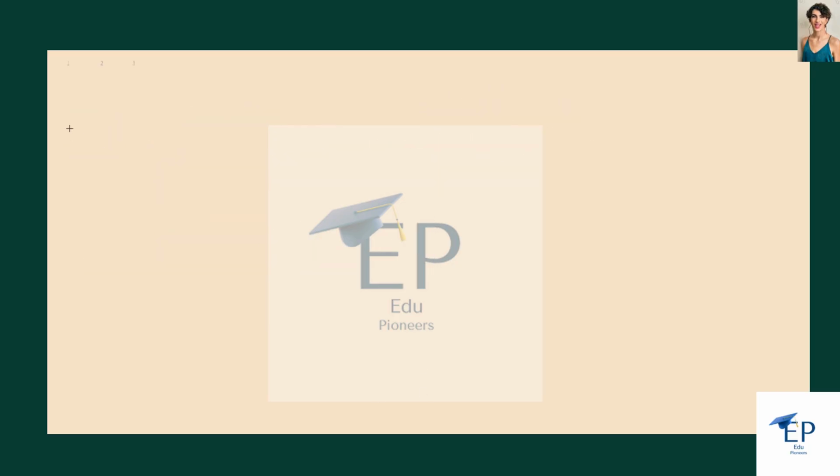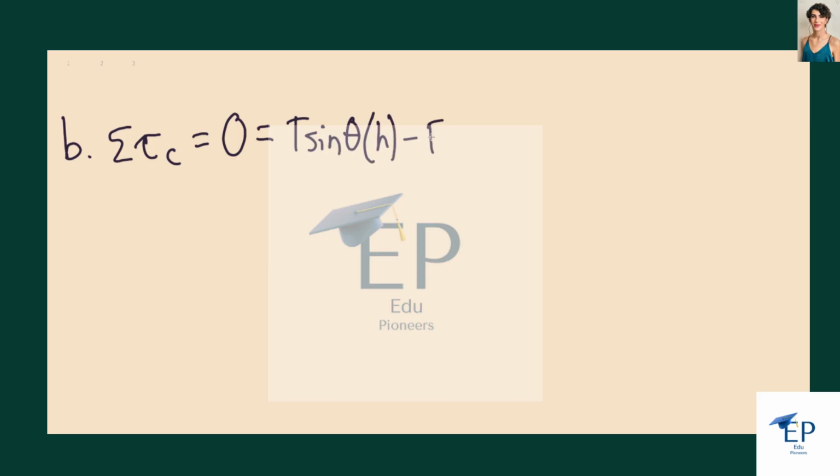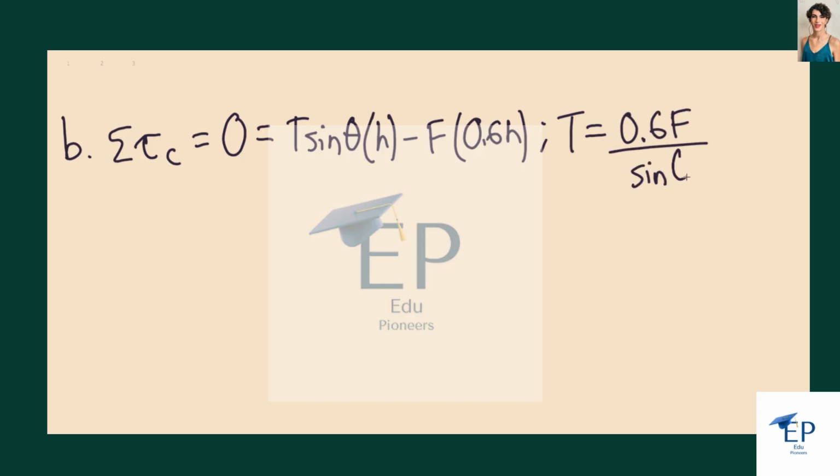And so for part B, we can say that the net torque about point C is going to equal 0 once again. So this will be T sine theta times H minus F times 0.6 H now. So this means that T is going to be equal to 0.6 F divided by sine of theta.